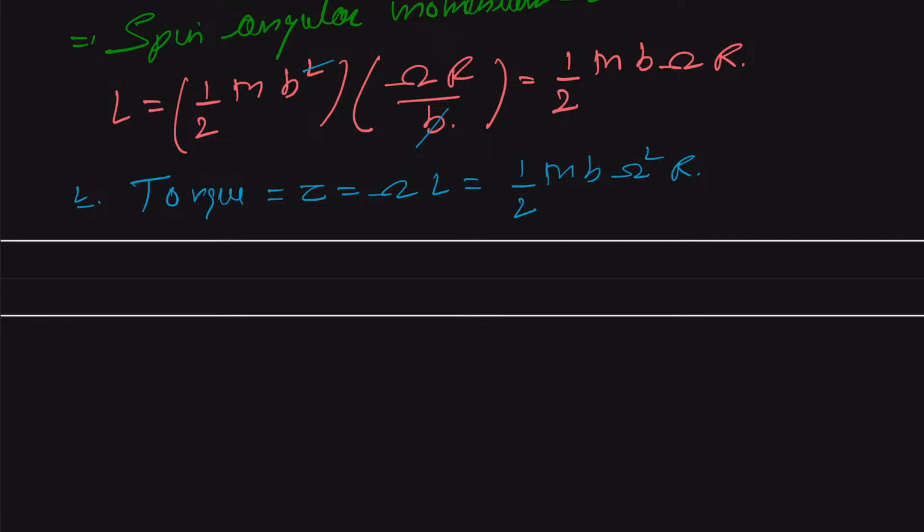We can also say that this torque will be also provided by the net vertical force. So we are going to have the same torque provided by two different things. First one will be this horizontal angular momentum, it is going to provide a torque about the vertical axis, and another torque will be provided by the net vertical force.